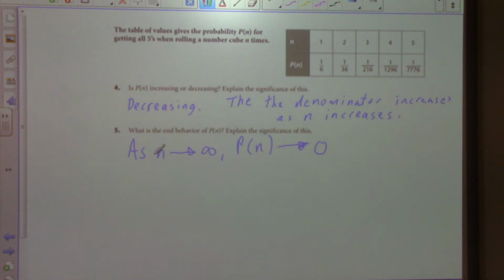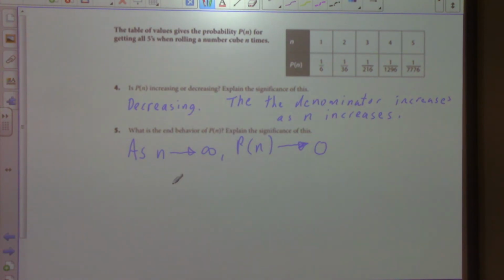Any other way to say that? Now explain the significance of this. What's the significance of this? Continuous downward curve.